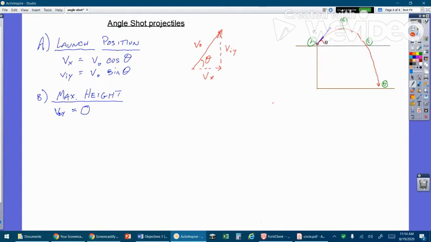All right. Now, at B, the other important things that we need to know here have to do with time first. Why did I just write velocity? That doesn't make any sense.